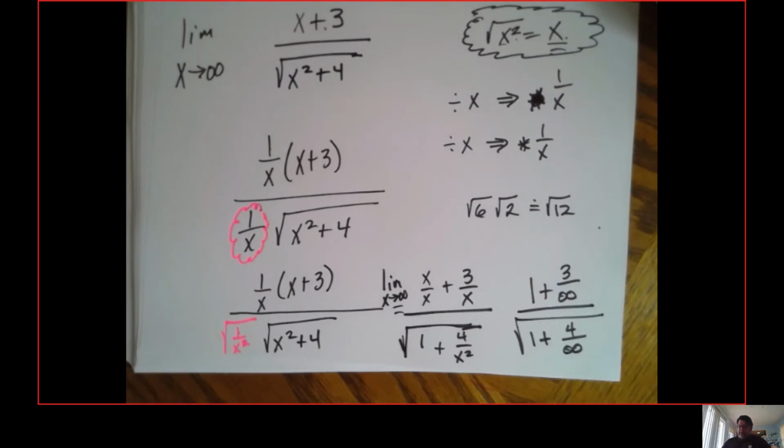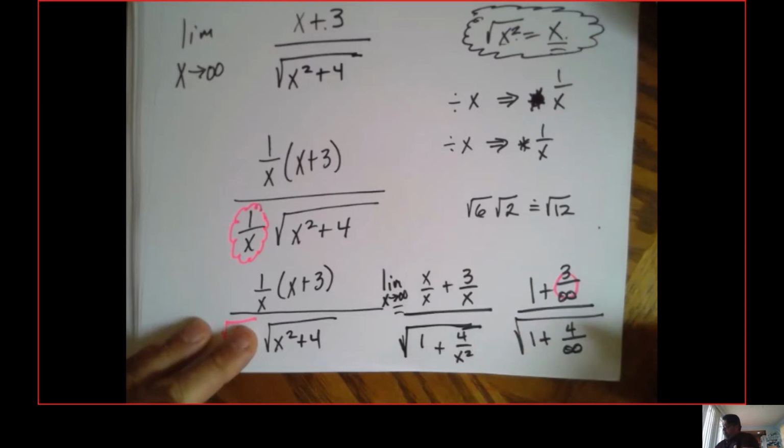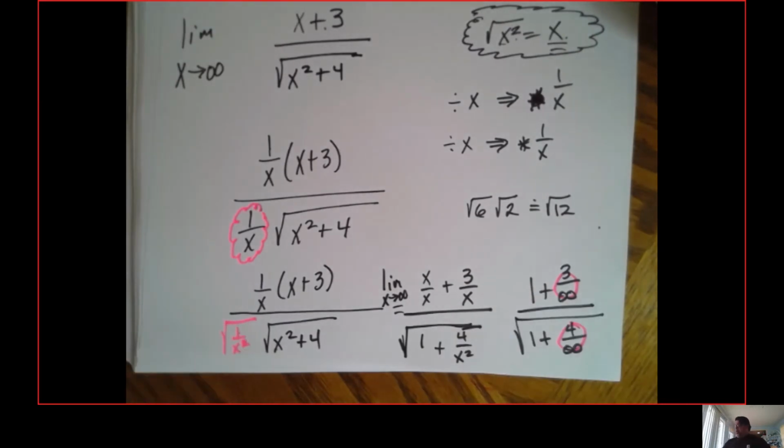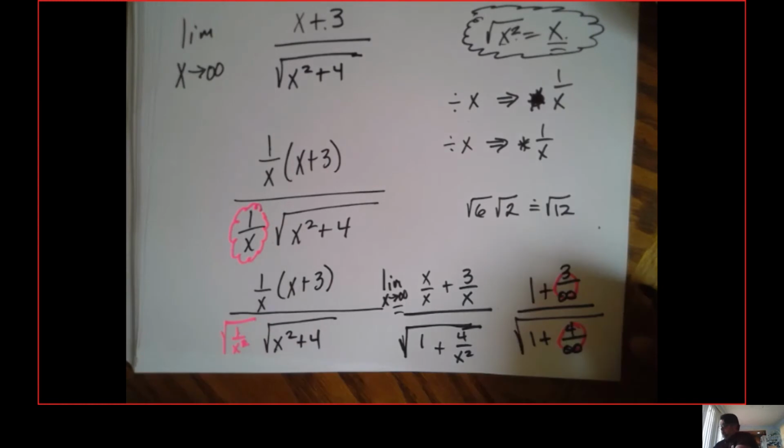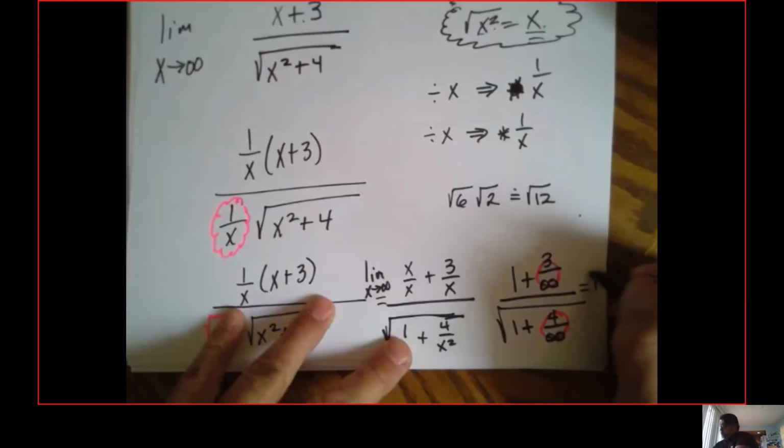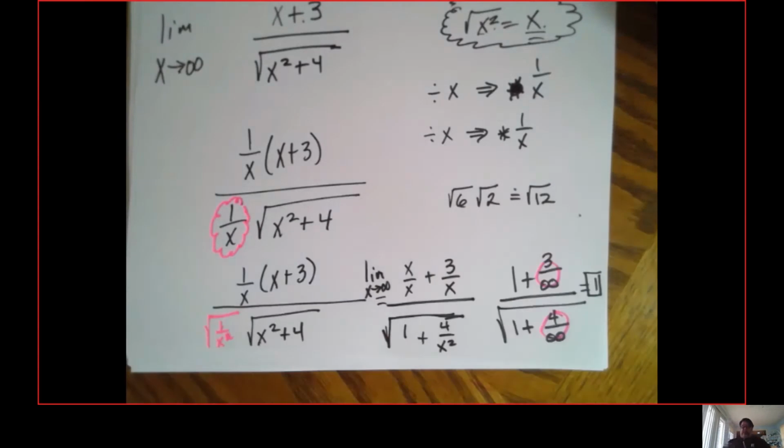And of course, let's take our pink marker, and that 3 over infinity turns to 0, and that 4 over infinity turns to 0. And what is 1 over the square root of 1? 1. So in this case, the limit is equal to 1.